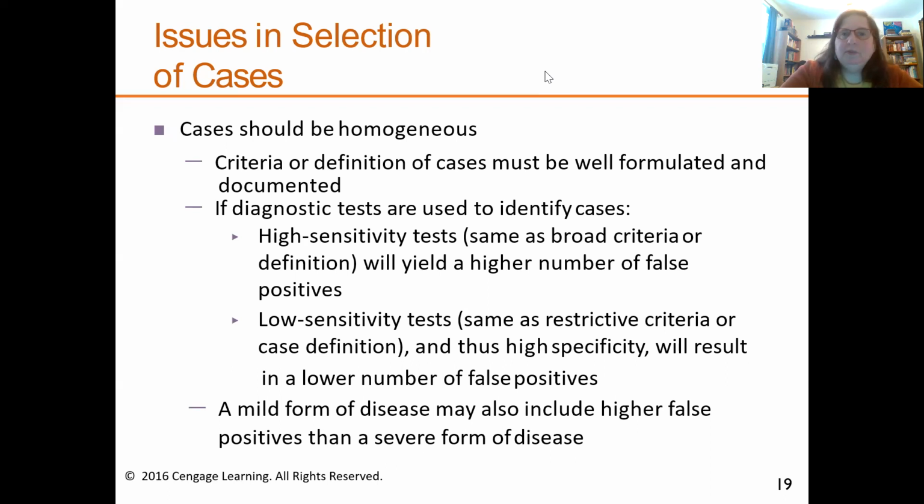We haven't really talked much about sensitivity and specificity at this point, but it is an interesting issue with measures. A high sensitivity test is about how likely it is to be able to find your positive cases. That's the best way I can put it for now.